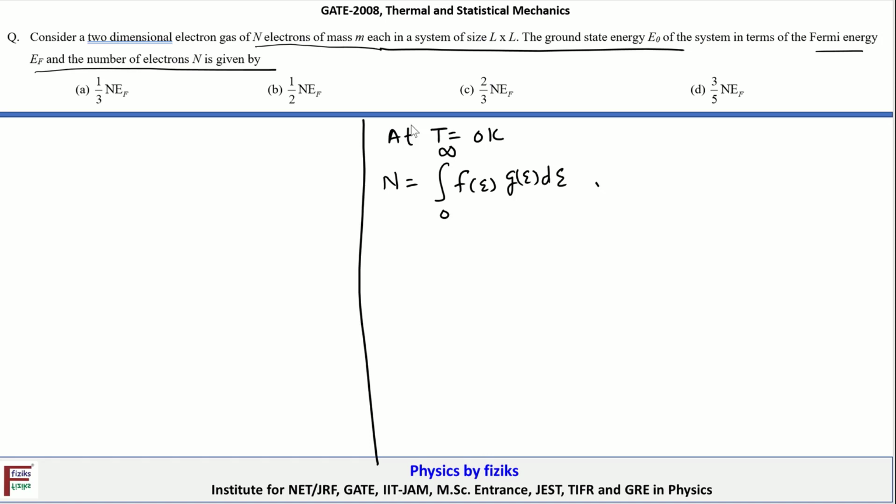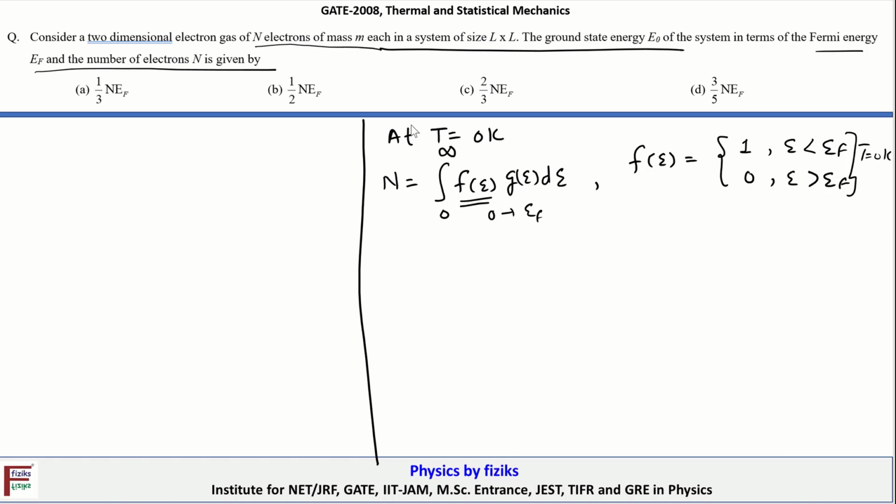Here the Fermi Dirac probability distribution function Fe is equal to 1 when energy is smaller than Ef, and equal to 0 when energy is greater than the Fermi energy. These two properties are valid at absolute zero. So we need not perform the integration from 0 to infinity, but it's effective only from 0 to Ef.